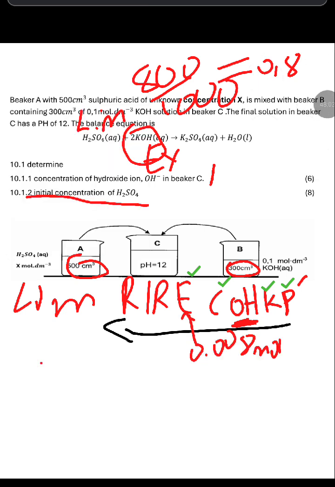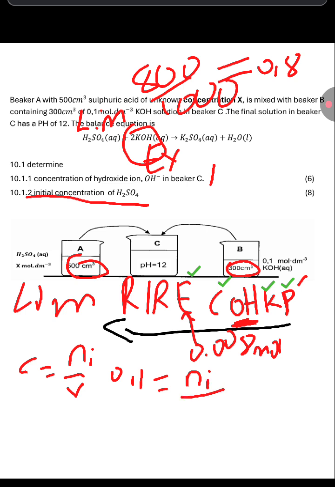So we are going to say concentration is equals to initial number of moles divided by volume. Now the concentration is 0.1 is equals to the initial number of moles, which we do not know.